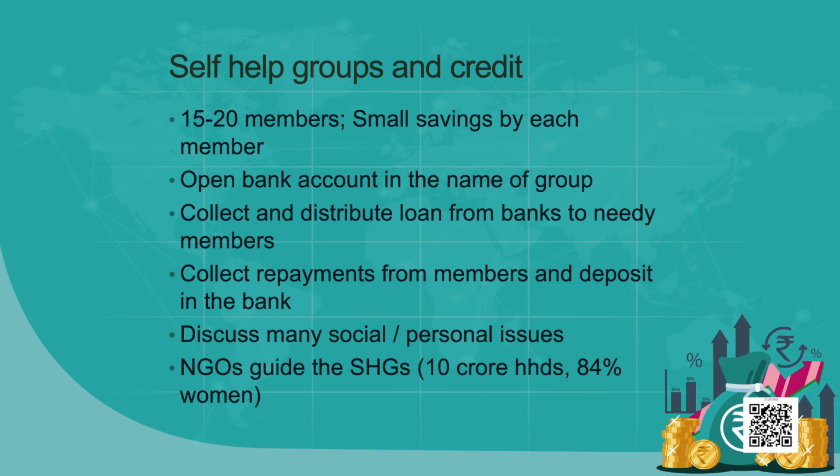After 6 months or 1 year, they request the bank in which they have an account to give a loan. Whoever wants a loan can avail it from the self-help group, and they will repay every month according to the terms agreed upon. The interest charged by the bank is very low when compared with moneylenders or landlords.